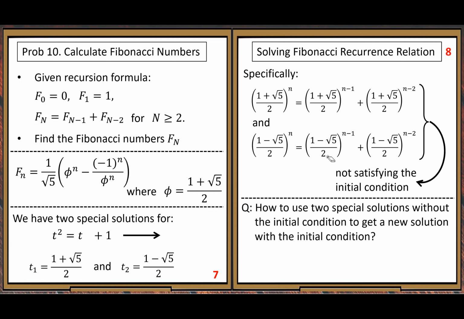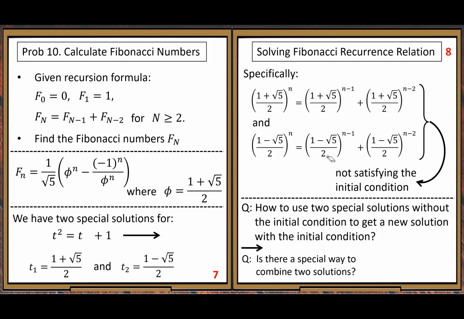Manipulate two old solutions to get a new solution. And how do you know your new solution is correct? We use the initial condition to tell us if the new solution is correct. Here you can see the initial condition is useful.